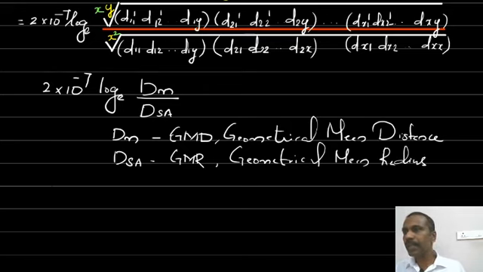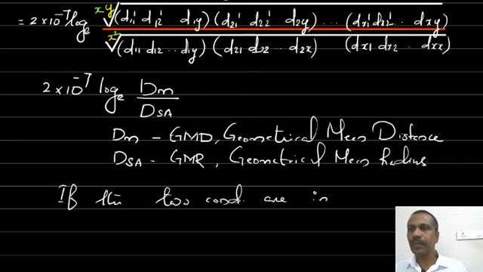Suppose the two conductors are identical. If the two conductors are identical, then DsA will be equal to DsB.